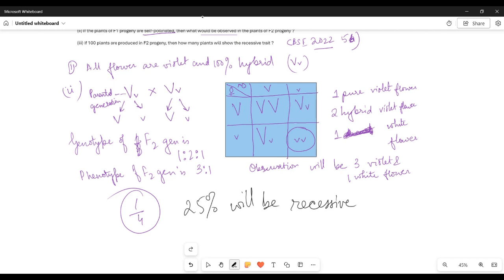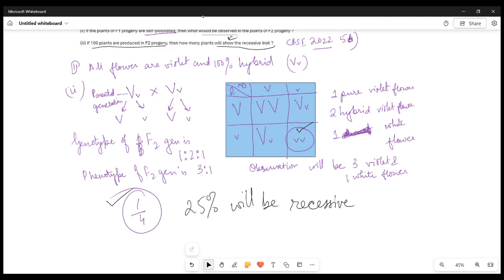Now the next question is, if 100 plants are produced in the F2 progeny, then how many plants will show the recessive trait? Here the main point is show. Show means what we can see. So how many recessive traits can we see? We can see only 1 out of 4 over here. That means the chance of getting the recessive trait is 1/4. It means the chance of getting a white flower is 1/4, which is 25%, right?